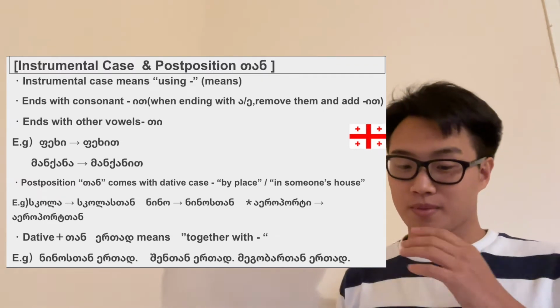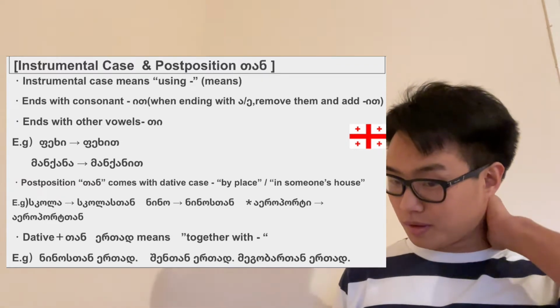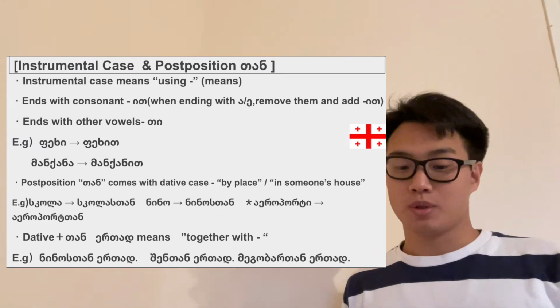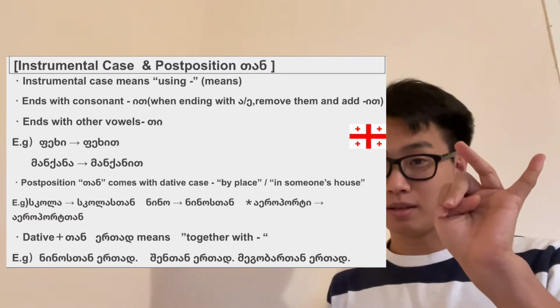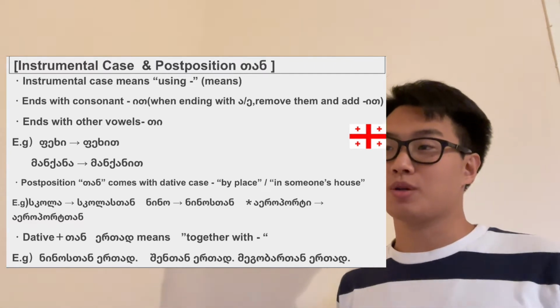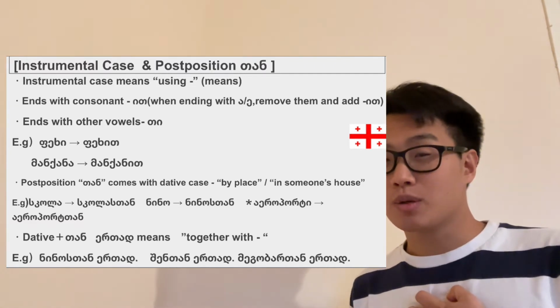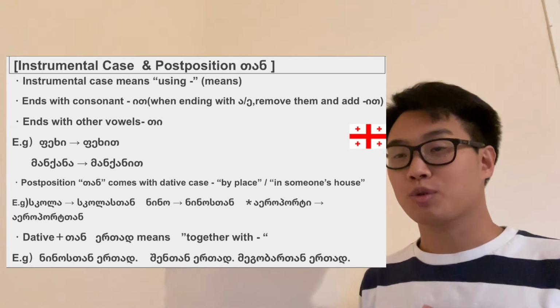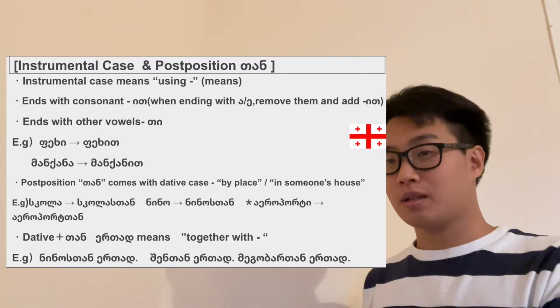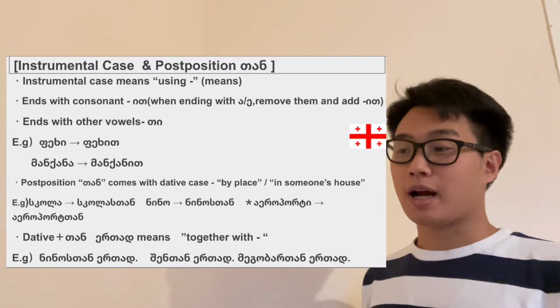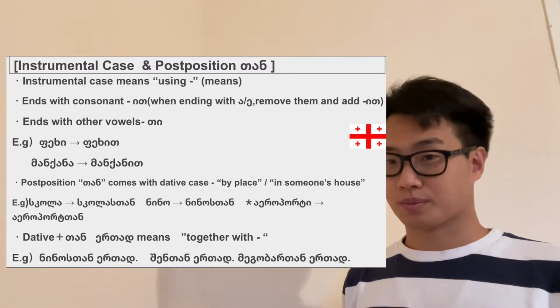So, dative case. And also another important expression, which is an idiom: dative case, tan, and ertad. Ertad means together. So, for example, me ninostan ertad var, I am together with Nino, or me ninostan ertad mivdivar, I am going with Nino.